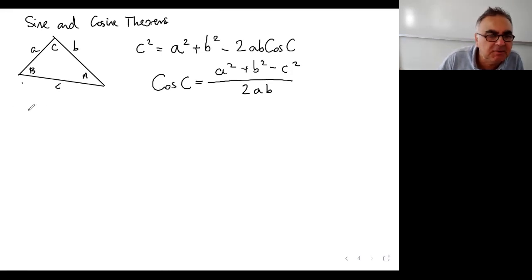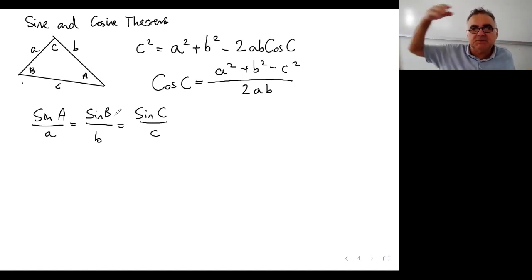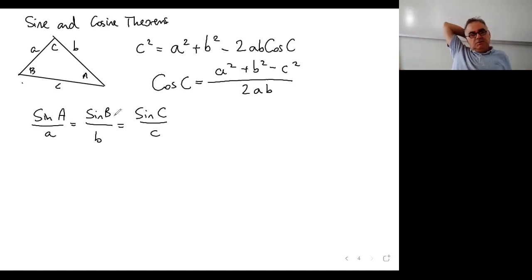Okay, this is the cosine theorem, and the sine theorem is even simpler. It says sine A over the length a is equal to sine B over the length b is equal to sine C over the length c. These trigonometric relationships will be very useful in the analysis.